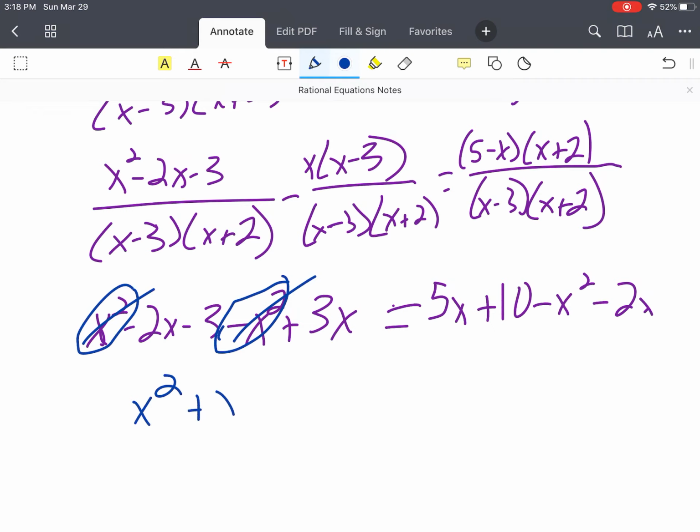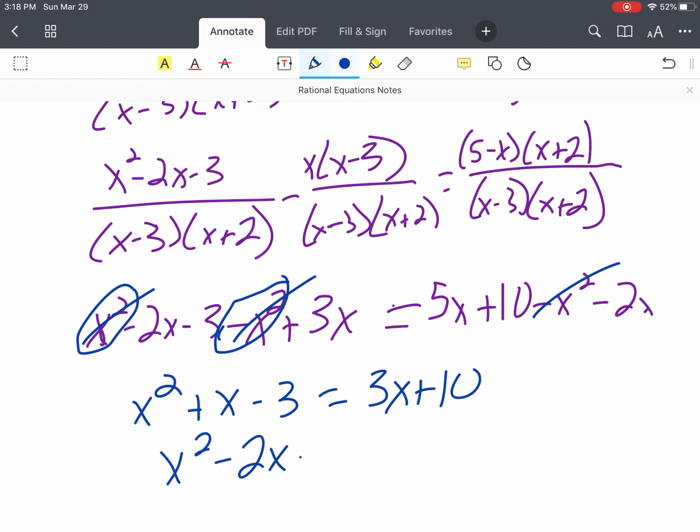Negative 2x and 3x come together to just be the 1x, minus 3 equals, okay, I got that to the other side, so that's going to be 3x plus 10. So I've got x squared minus 2x minus 13 equals 0.